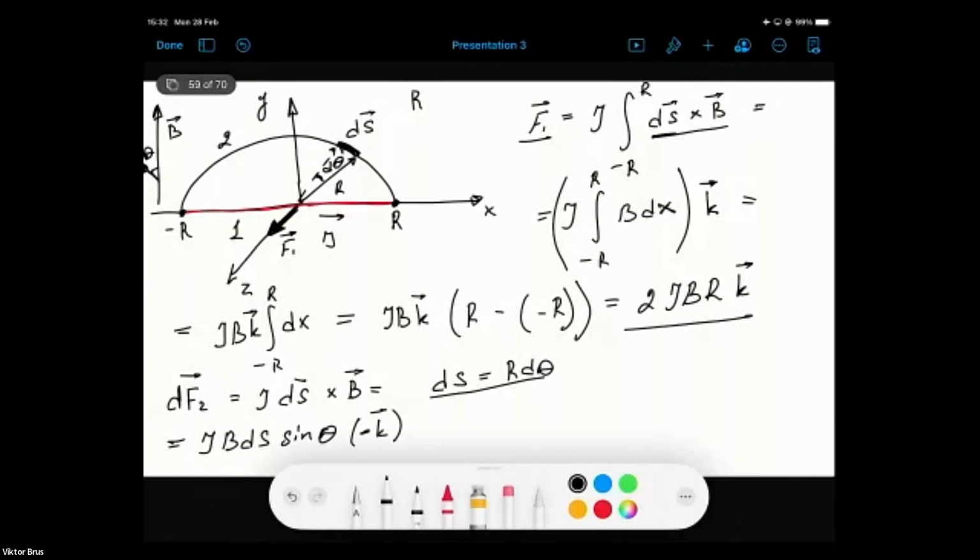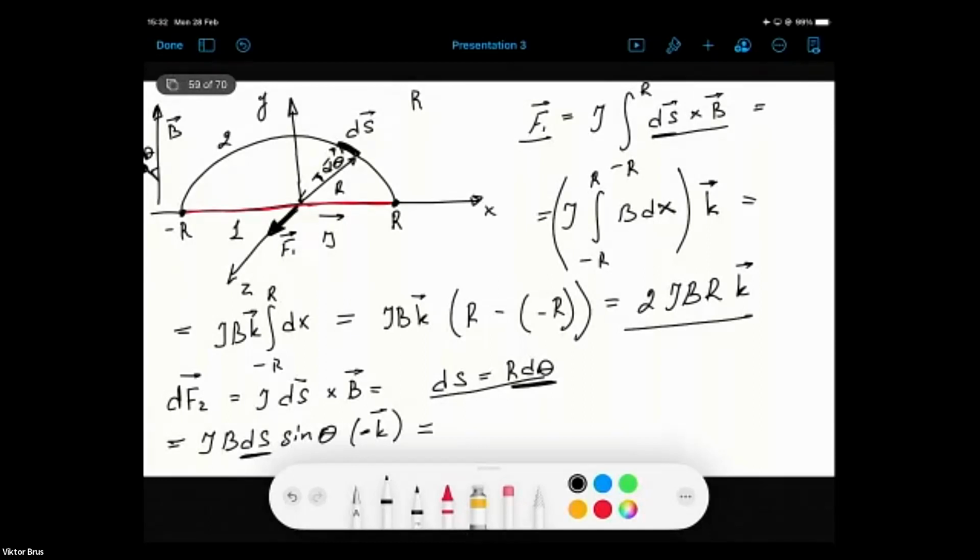With this, we can go further, and instead of ds, substitute this expression, which gives us the relationship between ds and the small change of angle theta.